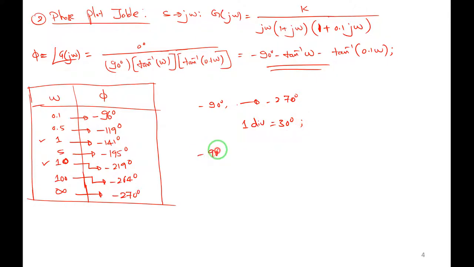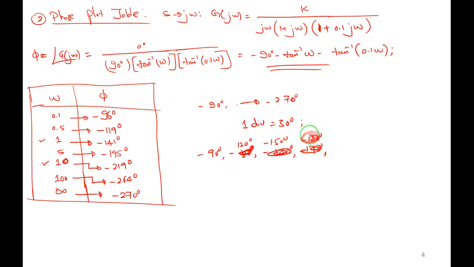So 90, 120, right? So 90 plus 30. Please, if I'm making mistakes, please correct me, right? 120 plus 30, it is 150. Here it is minus 180.